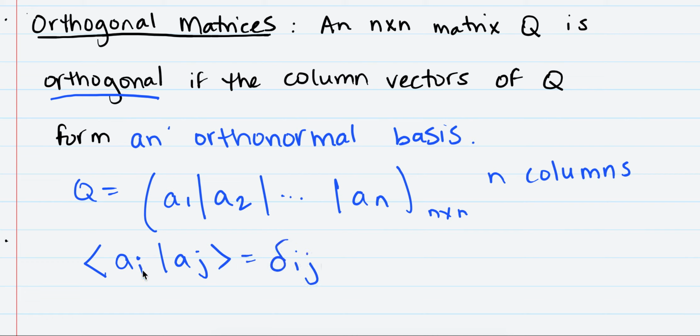So if it's A1 with A1 or A2 with A2 or so on, we get 1. But if it's A1 with A3 and so on, we get 0. So we have n columns and the columns themselves are orthonormal. Okay, and notice that I use the word basis. It's an orthonormal basis for Rn. So let's put that here as well.